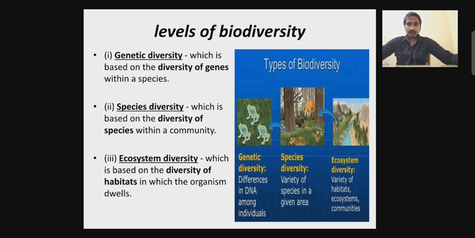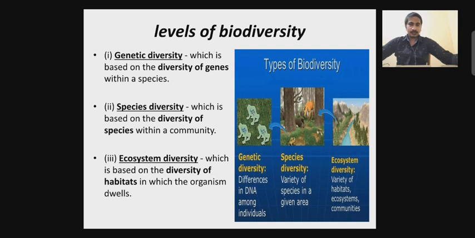Then species biodiversity. Species is simply a group of population. Suppose in a jungle there are frogs, snakes, birds, various types of carnivorous and herbivorous animals. Each of them is an individual species, and you can see the variety or diversity in this form.